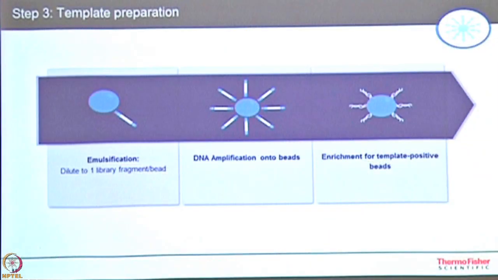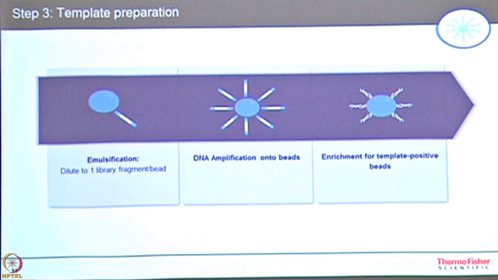Once we are through with our library preparation, the next step is template preparation. In template preparation, the aim is that you clonally amplify. You started with targeted sequencing, or whole genome sequencing, or an RNA-seq experiment. You have tons of millions of target molecules which are to be sequenced.